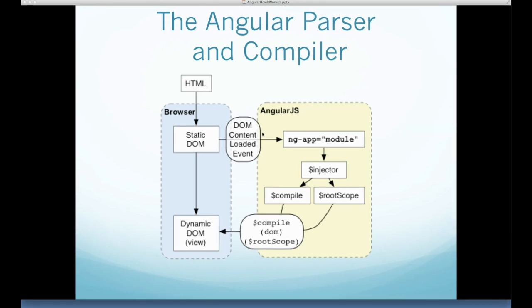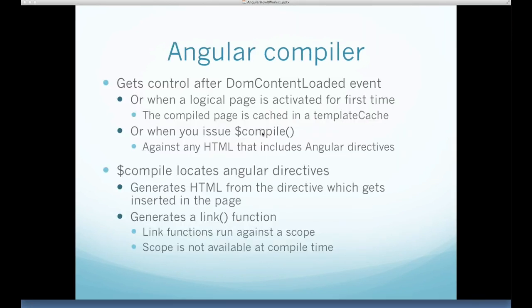We just showed how the Angular compiler gets control after a DOM content loaded event because it registers itself as a callback. The compiler can also run whenever the $compile function is executed.